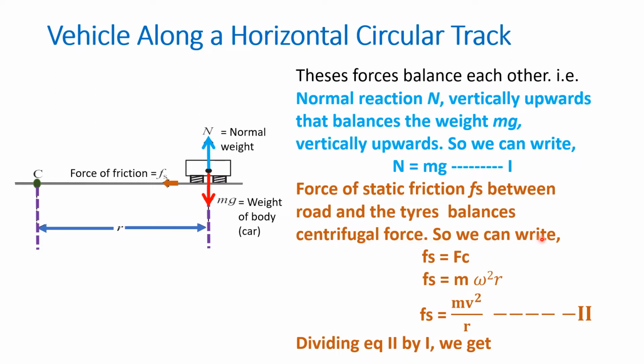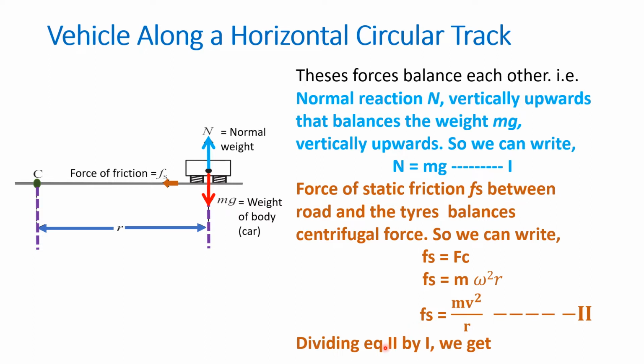Therefore we can write the force of friction is equal to the centrifugal force, Fs is equal to m omega square r, where omega is the angular velocity and r is the radius of the circular track. Then we can substitute the value of omega, and we get another equation for the centripetal force as mv square upon r, which is also equal to the static friction.